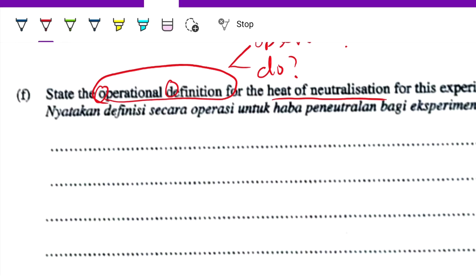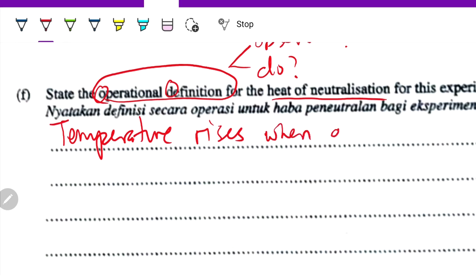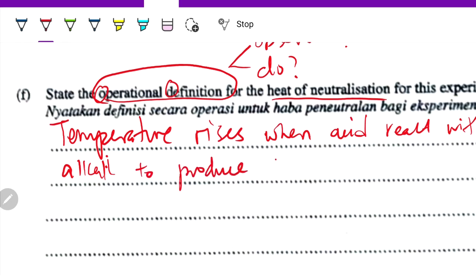Here you just arrange your sentence. What you do or observe, you can write either one first. Temperature rise when acid reacts with alkali to produce 1 mole of water.